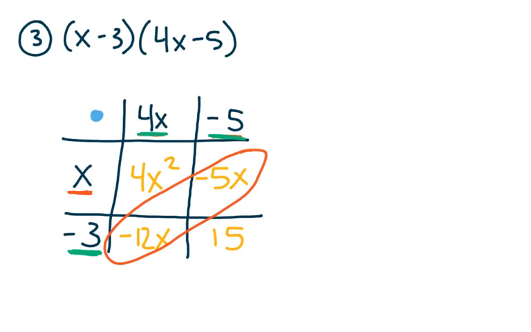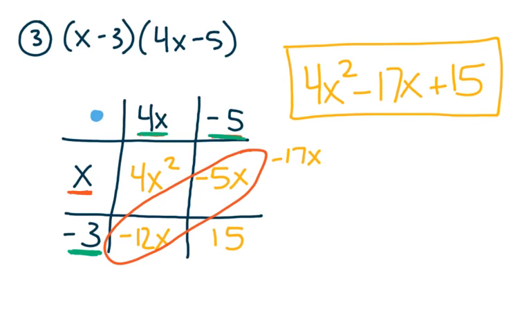So I have a negative 12x minus 5x is equal to a negative 17x. If I write my answer in standard form, my final solution is 4x squared minus 17x plus 15.